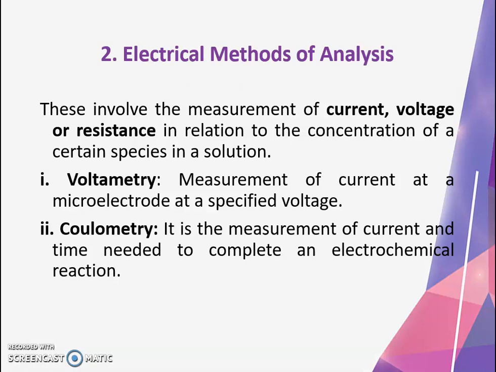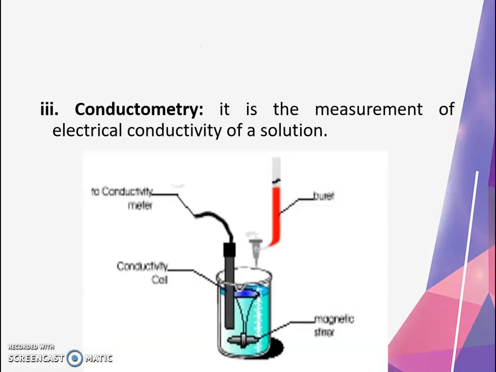Here the measurement of current at a microelectrode at a specified voltage is done. Coulometry. It involves measurement of current and time needed to complete an electrochemical reaction. Conductometry. It is the measurement of electrical conductivity of a solution.